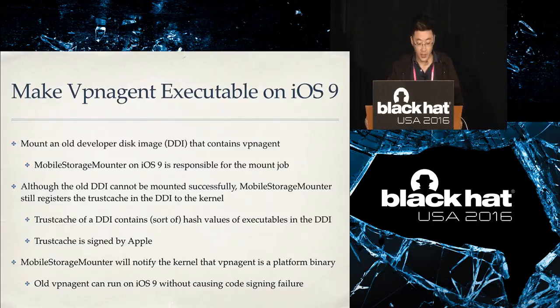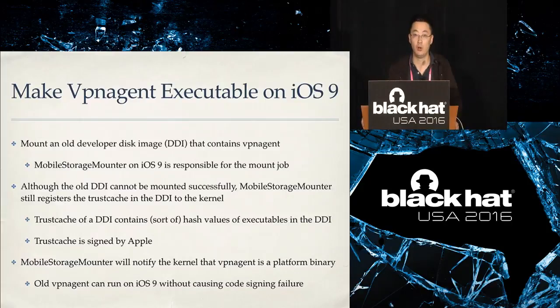In each developer disk image, there is a file called the trust cache, which contains the hash values of the executables in the developer image. It is used to tell the iOS kernel that the programs are created by Apple, so you should run them without triggering any code signature failures.